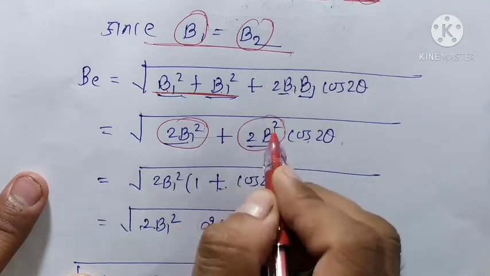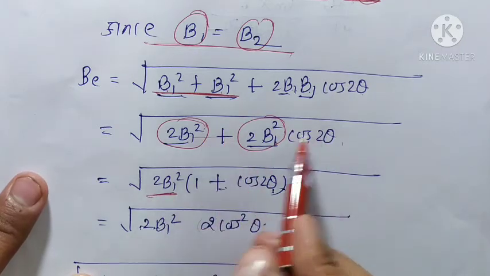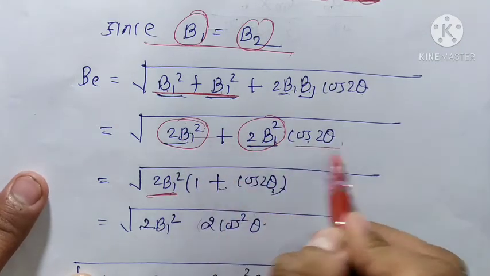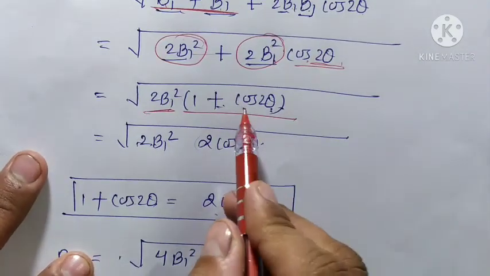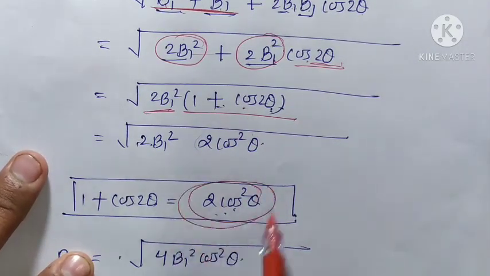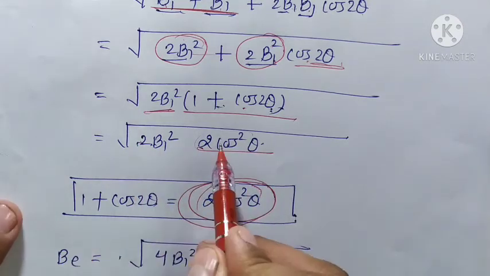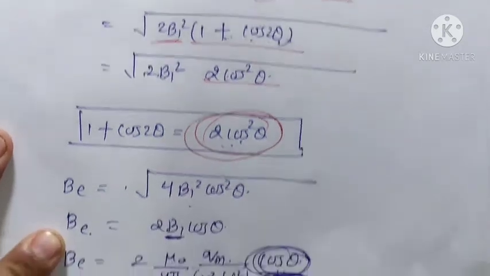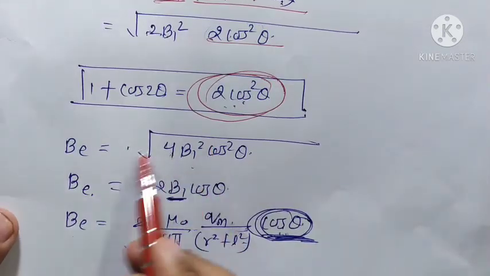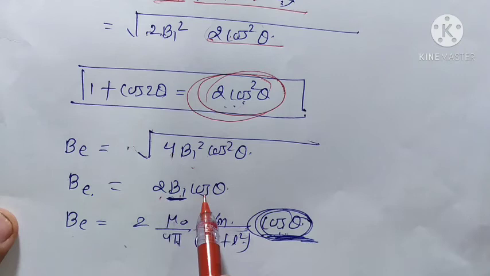We take 2B1² common, so what is left inside the bracket is 1 + cos 2θ. We know the formula 1 + cos 2θ is 2cos²θ, so 2 into 2 is 4. B1² cos²θ comes out of the square root, so B_E is 2 B1 cos θ.